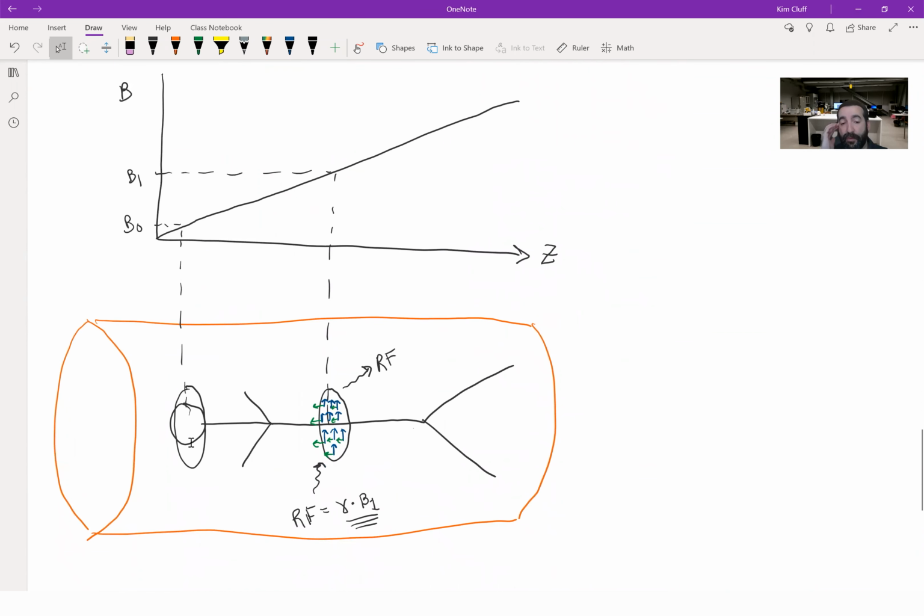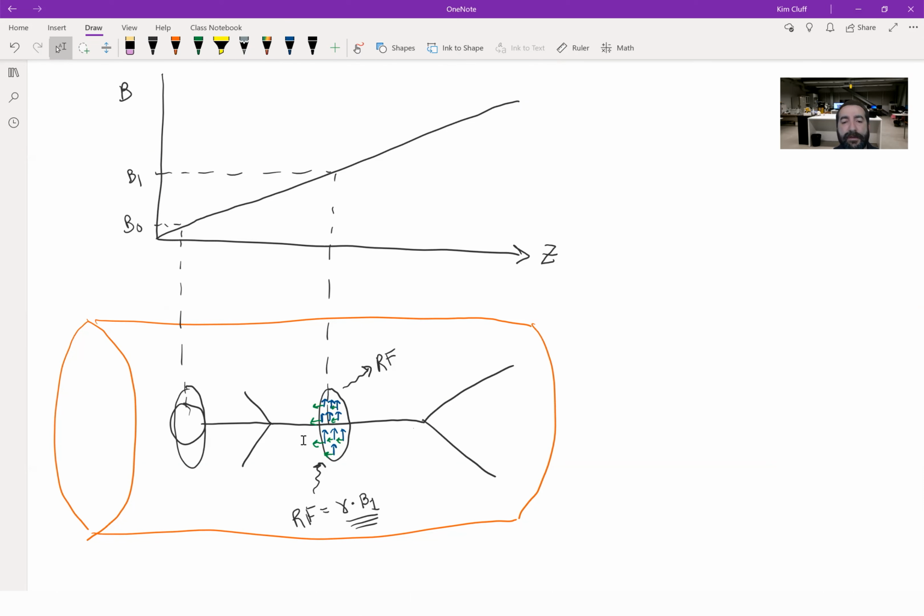Okay, so the frequency of the RF is really targeting the frequency of precession of these hydrogen atoms. And again, it can be done with other atoms like phosphor-31 or something like that, which I'll show you in the next class.